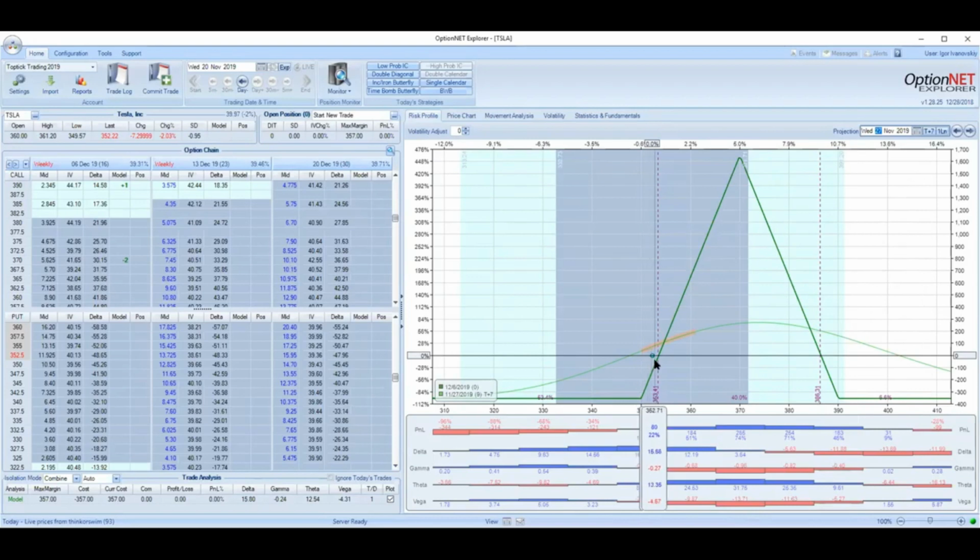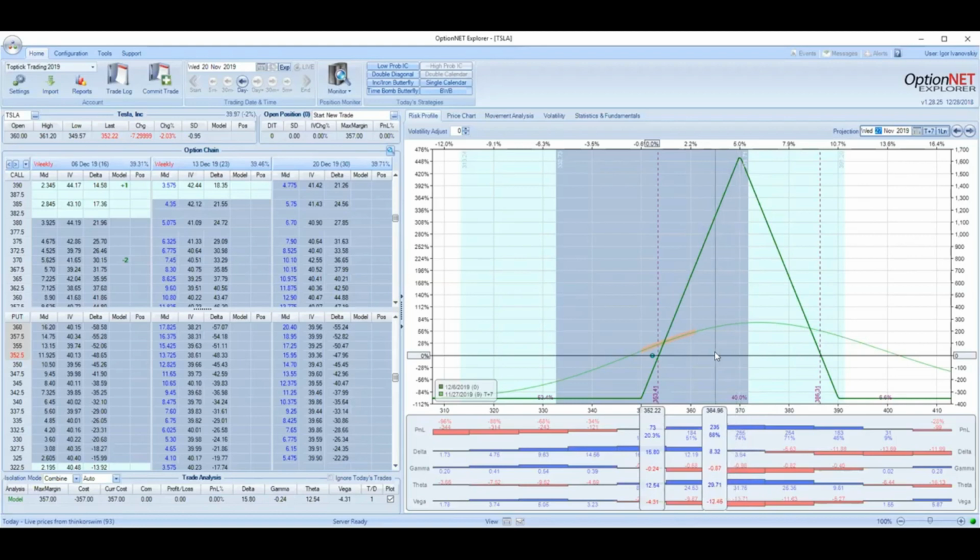If we're wrong and Tesla goes down, it doesn't matter what volatility is doing. If volatility is up, that's not going to help. If volatility is down, that's not going to help either. We need to be right, and the underlying security has to move towards the short strike here.